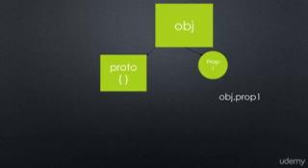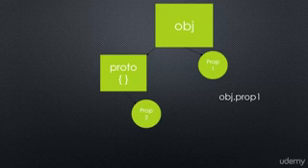It's the object's prototype. It's the thing it inherits from. It's a different object that it will then have access to that other object's properties and methods. And so we could actually say obj.prop2, whatever that other property is on the prototype, and we'll get access to it as if it was directly attached to my object.